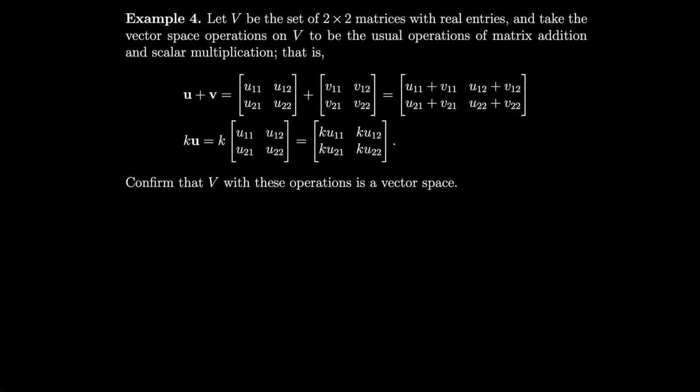So for number 1, remember the sum of any 2x2 matrices is also going to be a 2x2 matrix. So that satisfies axiom 1. The sum is still going to be a 2x2 matrix.